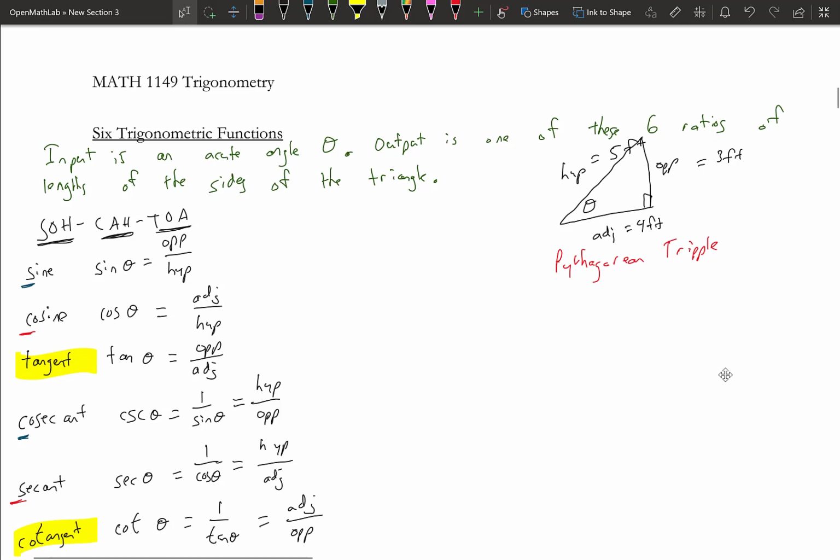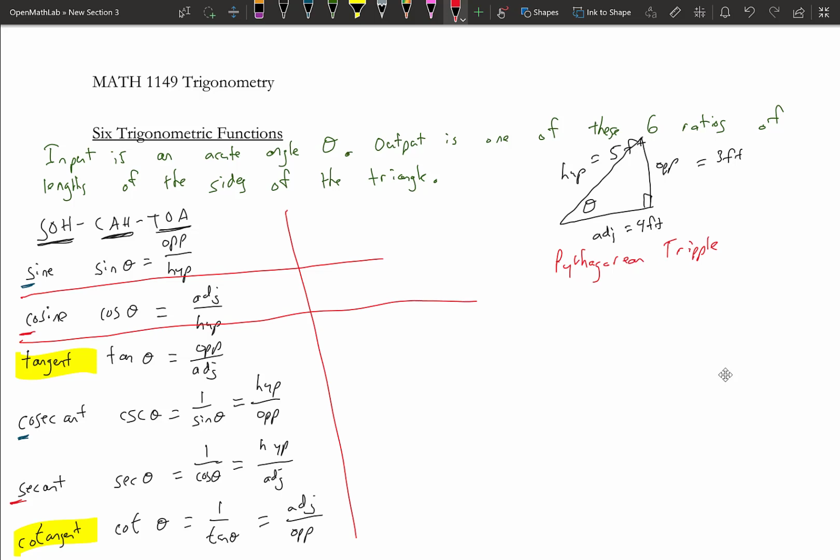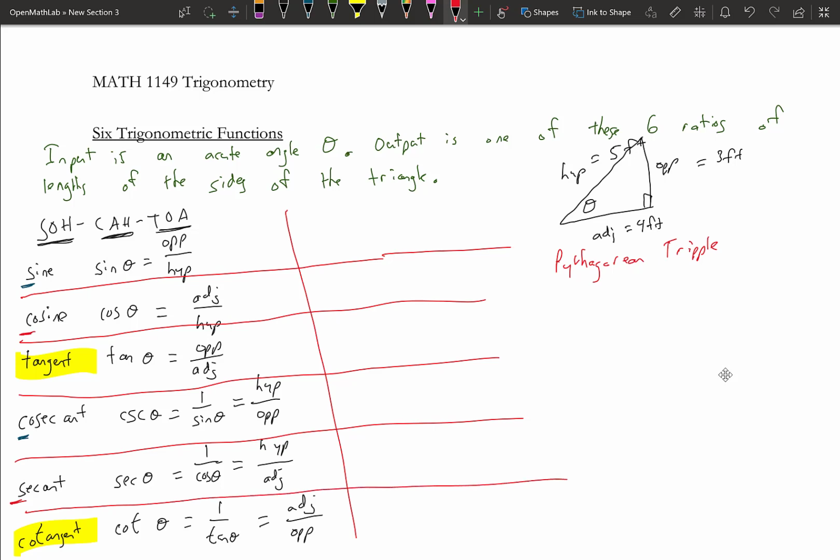All right, so if we go through this like an example, maybe we make a table. We have the example.